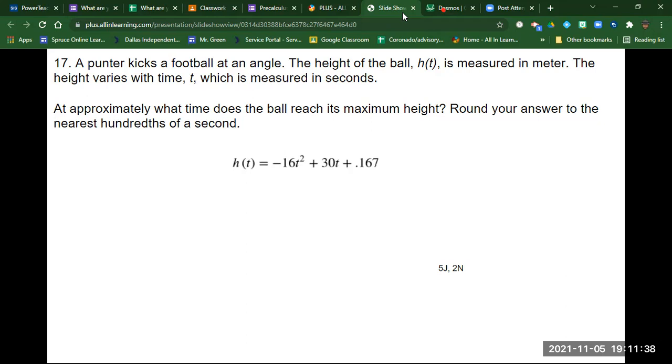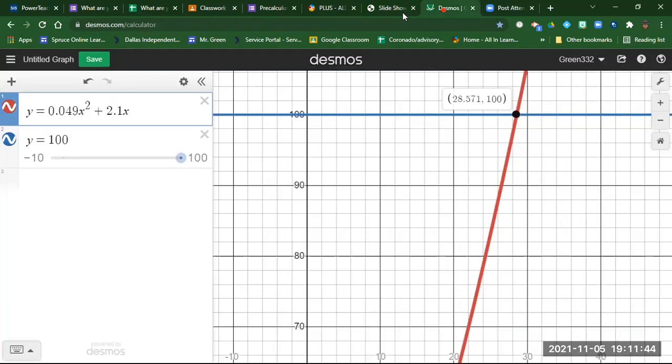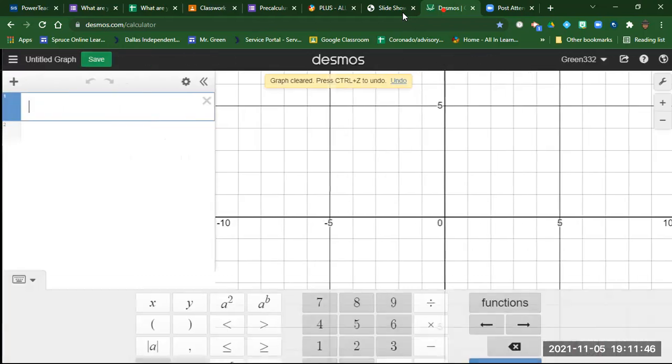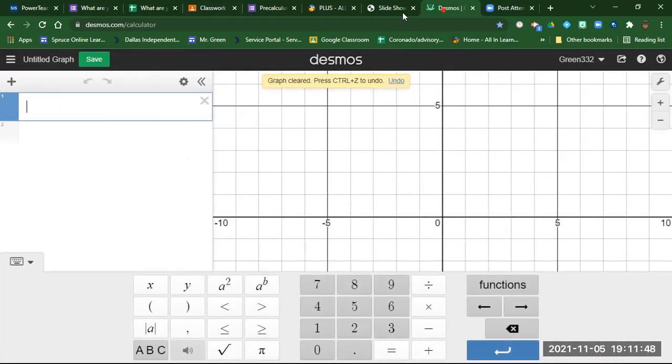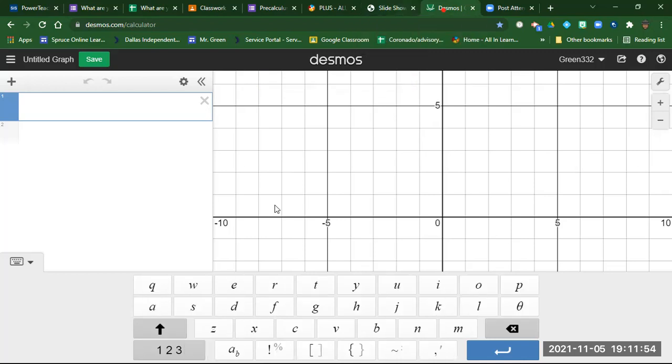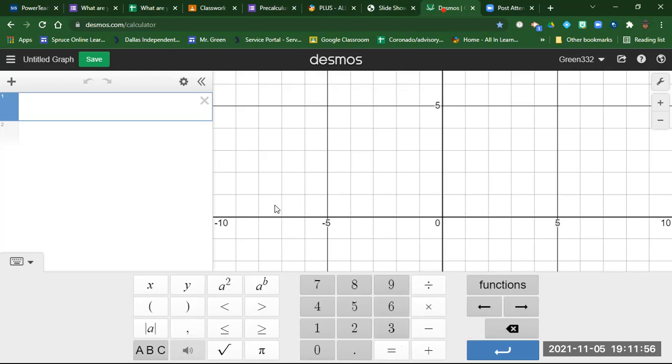All right, what time does the ball reach its maximum height? This graph is find the maximum. I'm going to graph this function, change the t to x. And let's go 16.